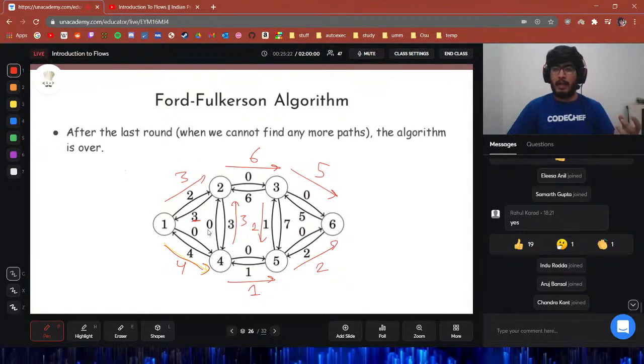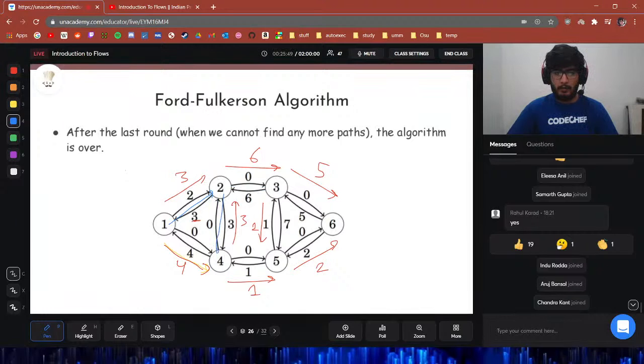And how do we know that we shouldn't apply any more rounds here? Because we cannot find any more paths. When we try to find more paths, we cannot go from 1 to 4 because the edge there has weight 0, like it doesn't have any positive edge. So our flow is not going to increase if we go down this path, right? So we would have to go from 1 to 2. Then from 2, there is 0 here, so we cannot go there, right?